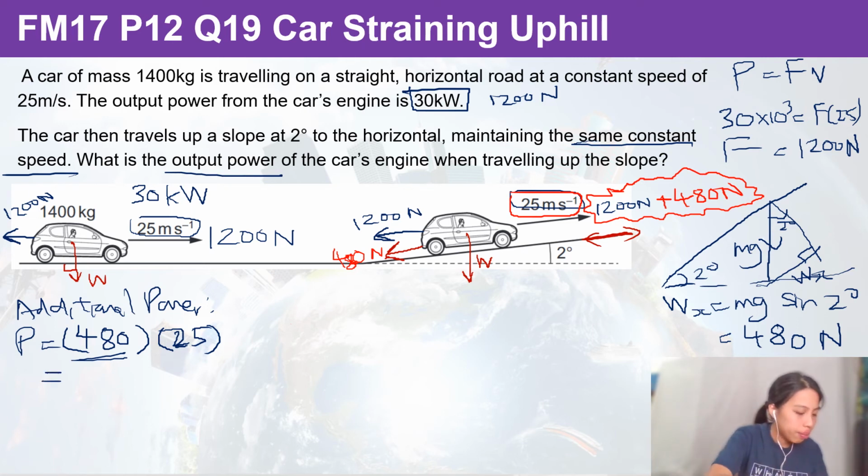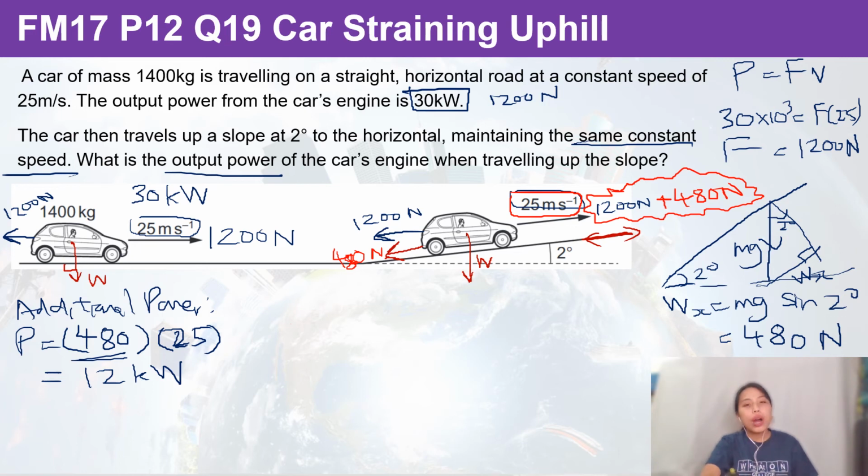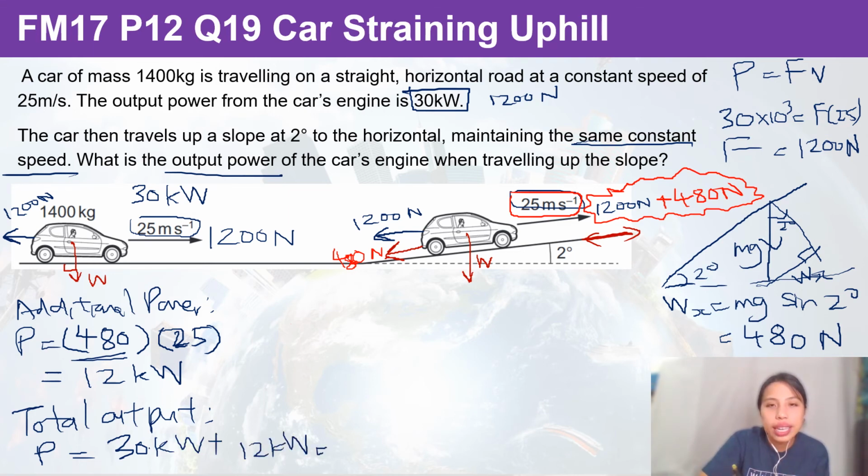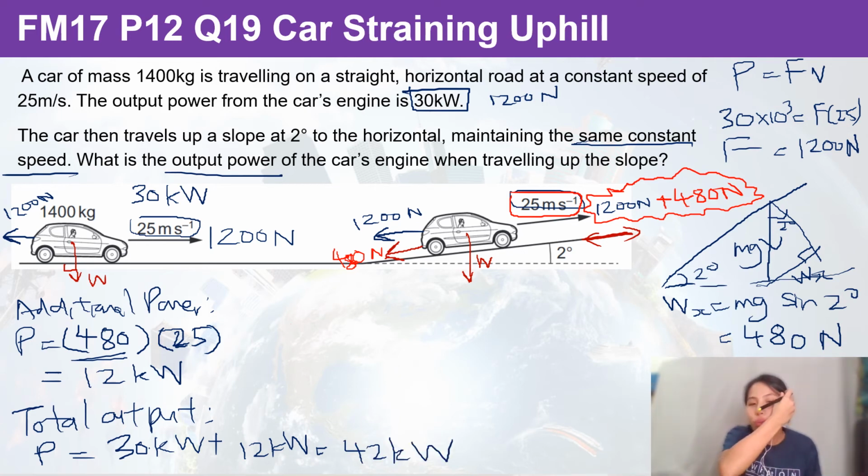That will give us 12 kilowatts. So that's extra power we need, which means the total output of the engine needs to be the original 30 kilowatts plus the extra 12 to fight against the weight. So that will give us a total of 42 kilowatts.